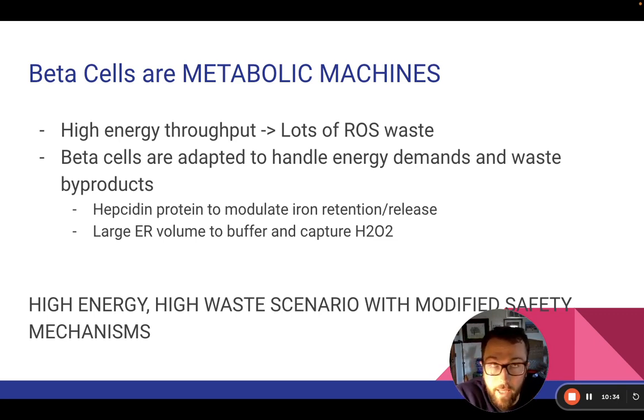But what this endoplasmic reticulum does for the beta cells is that it is basically like a bigger holding cell or trash can for a lot of those hydrogen peroxide ROS that are being let off by the mitochondria. But overall, the general idea is that it is a high energy cell creating a lot of waste. And it has these unique safety mechanisms in place to account for these high energy, high waste demands.